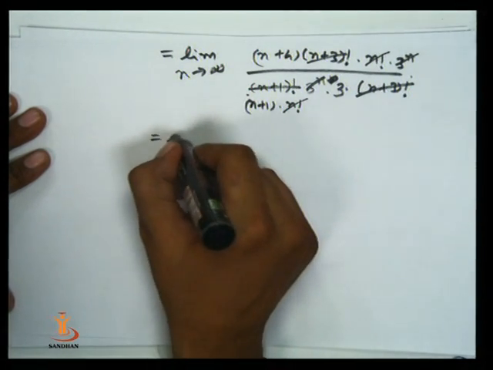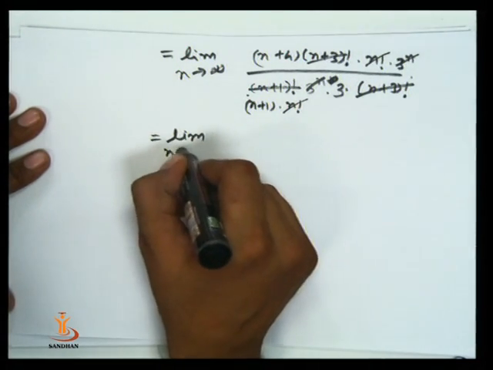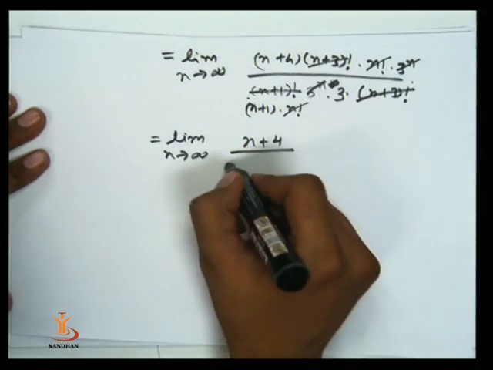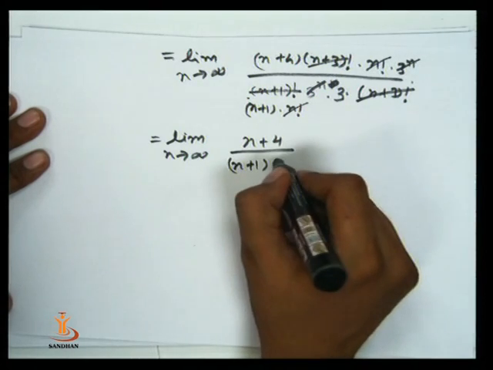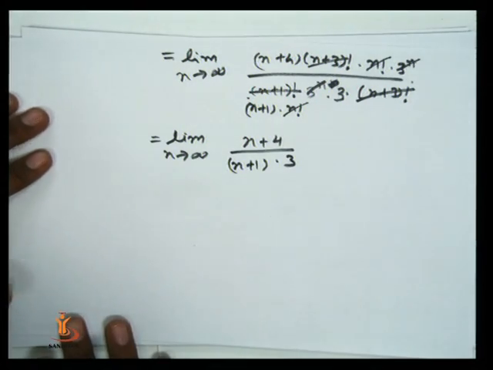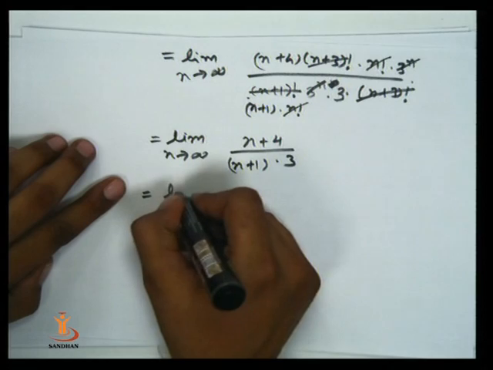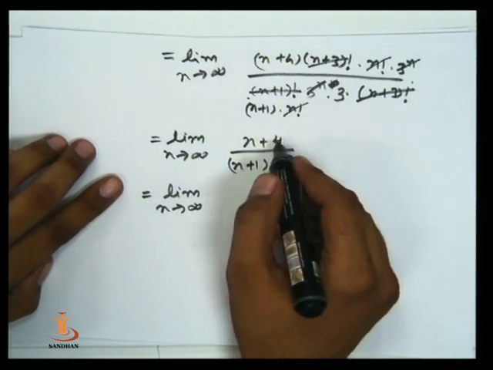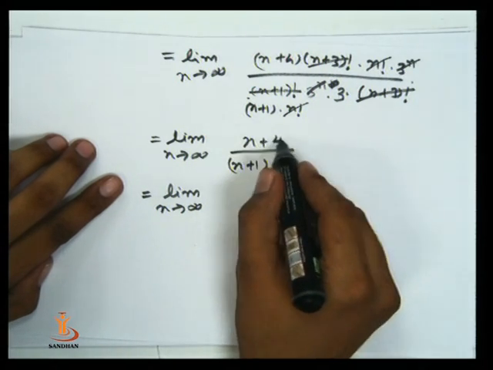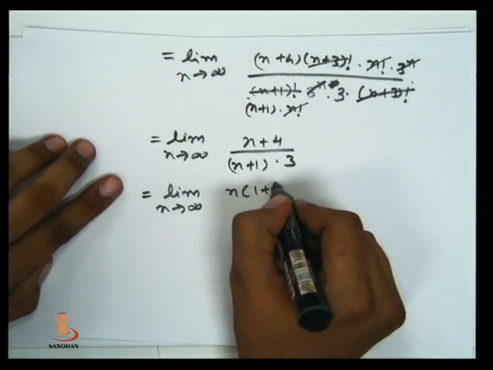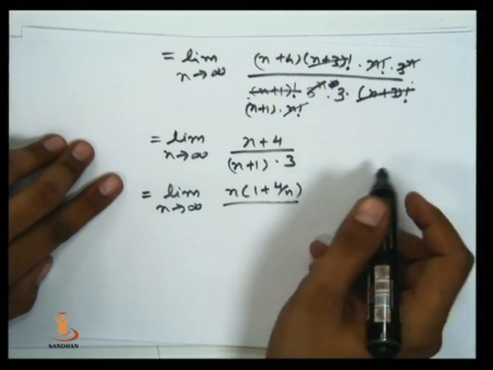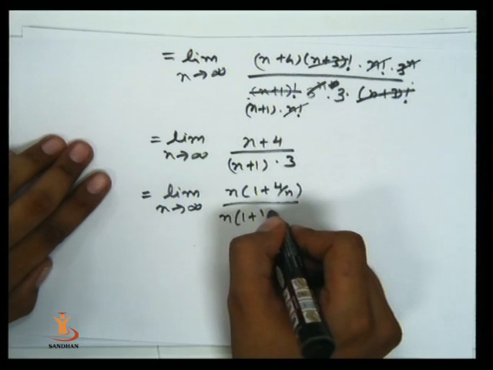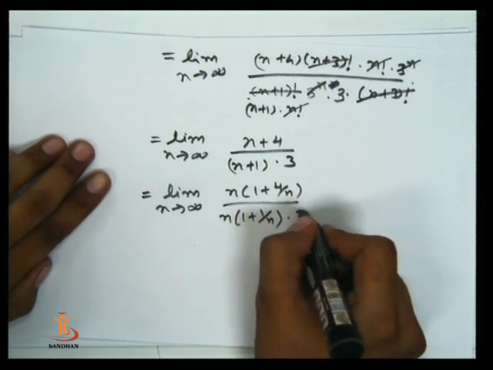So ultimately what we get as a final limit, as n tends to infinity, is (n+4) divided by (n+1) into 3, right? That is equal to the limit as n tends to infinity, taking n common from the numerator, that is from n+4, we get 1 plus 4 by n, and taking n common from n+1, we get n times (1 plus 1 upon n) into 3.